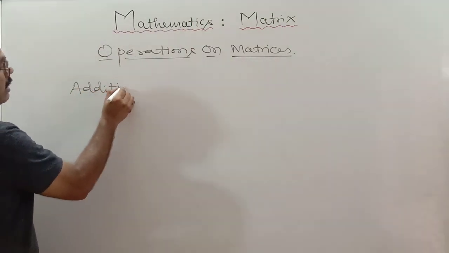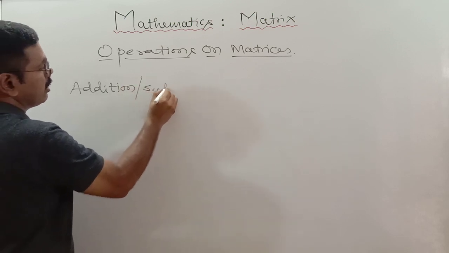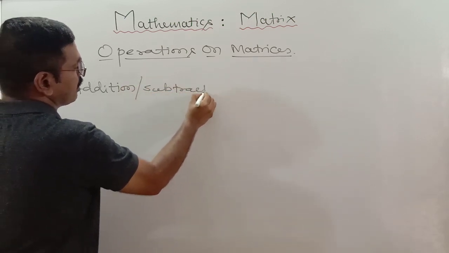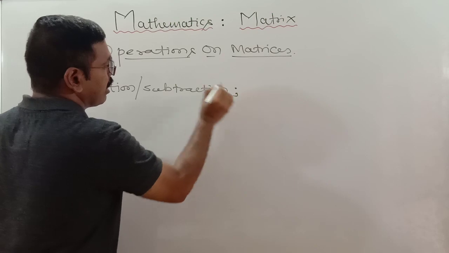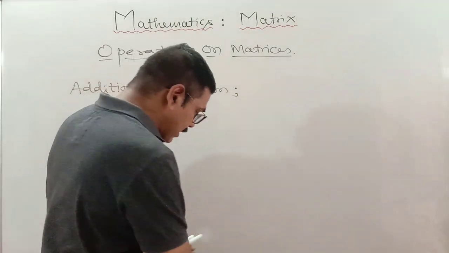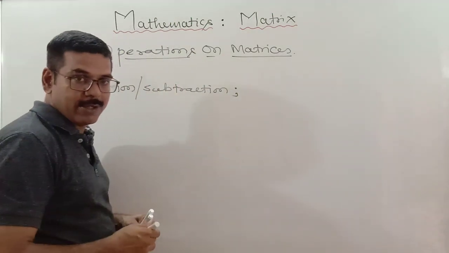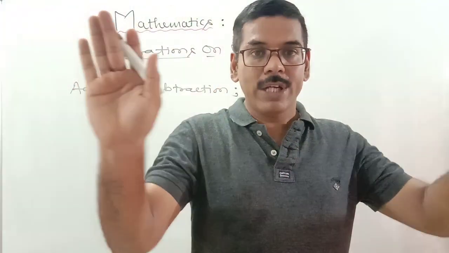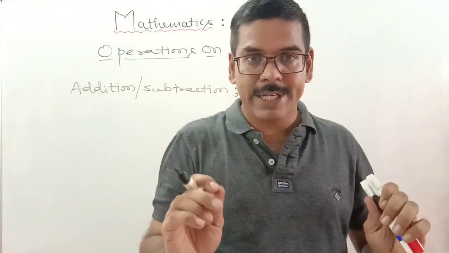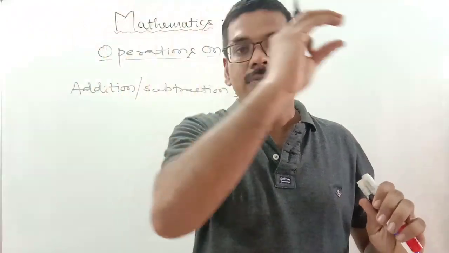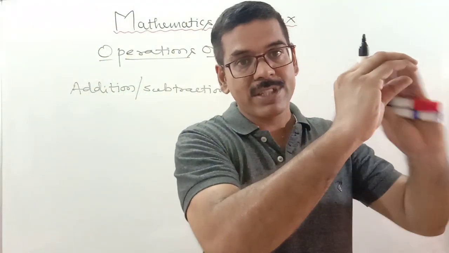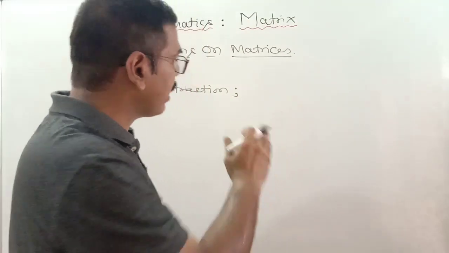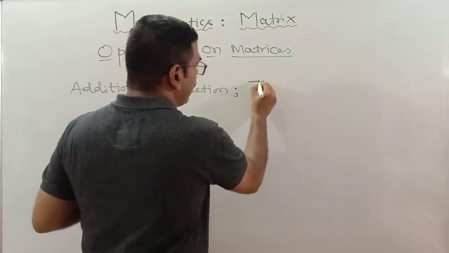It is approximately the same operation, addition or subtraction. Two matrices can be added when, and only when, their order is the same, and only their corresponding elements will be added. It means the first element of the first row will be added to the first element of the first row of the second matrix.